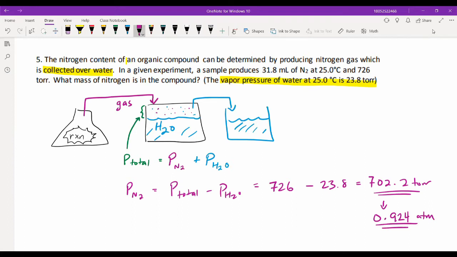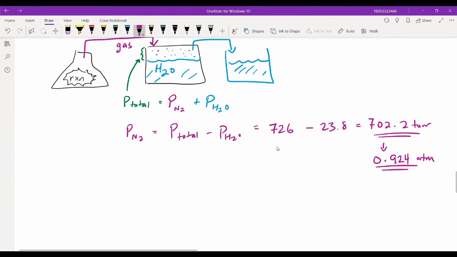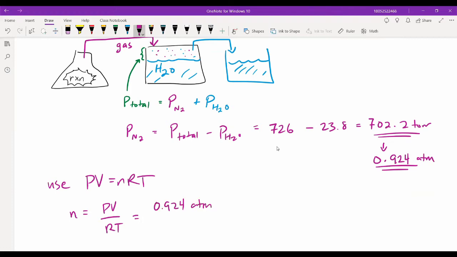So that's the main idea. The rest is just plugging it into the ideal gas law. Scroll down. Now we're going to use that to find the moles. If we divide both sides by RT, we have the pressure of the nitrogen. We have the volume, which is given in milliliters, so that's 0.0318 liters.